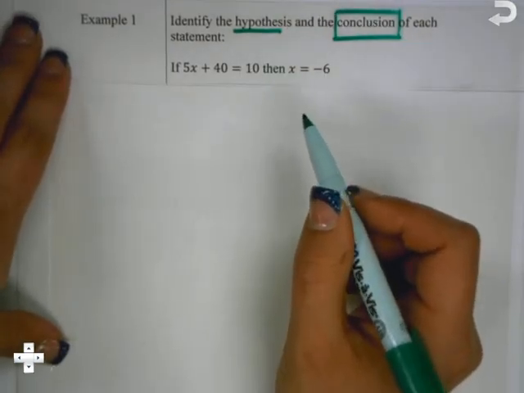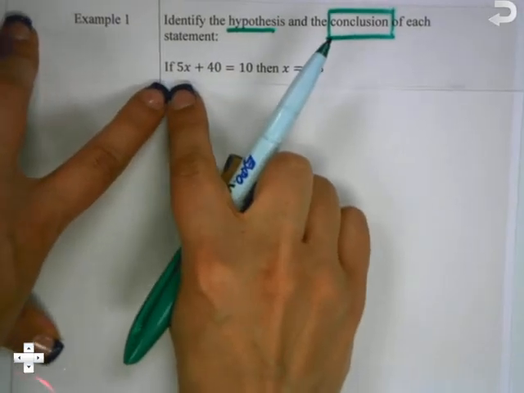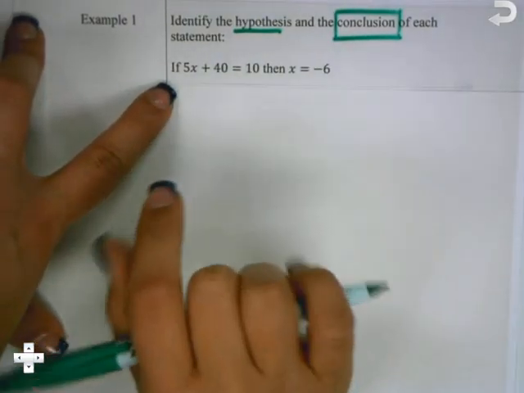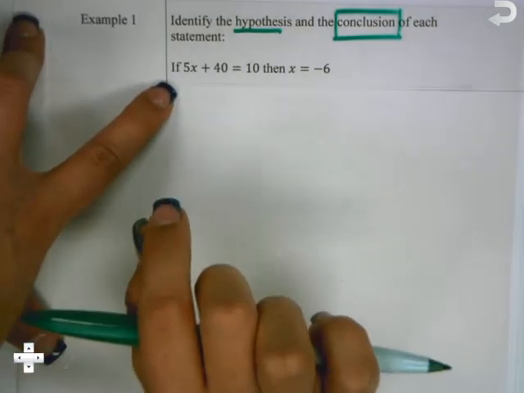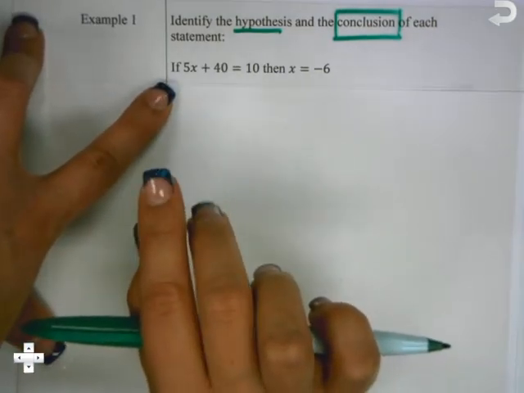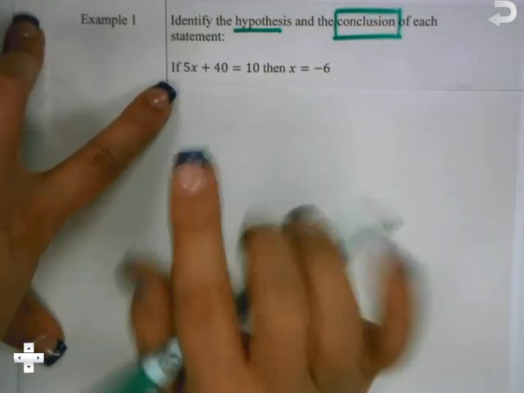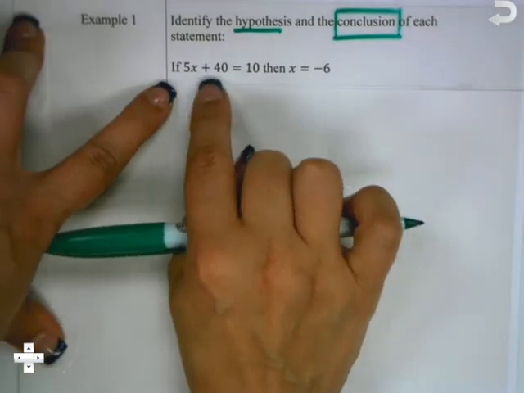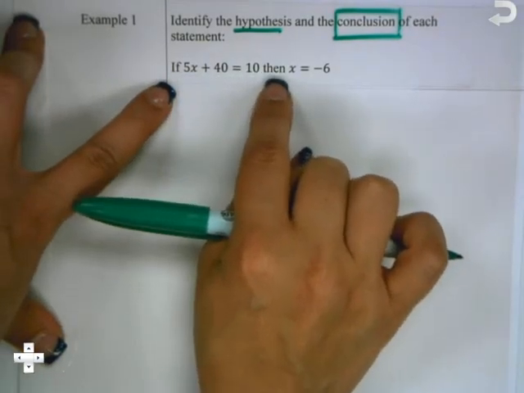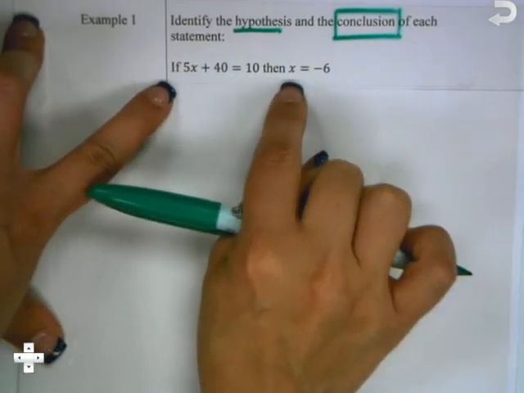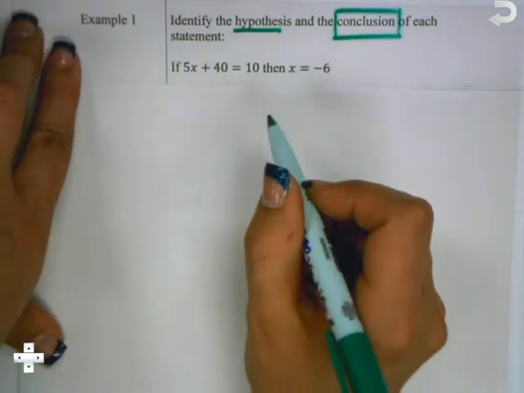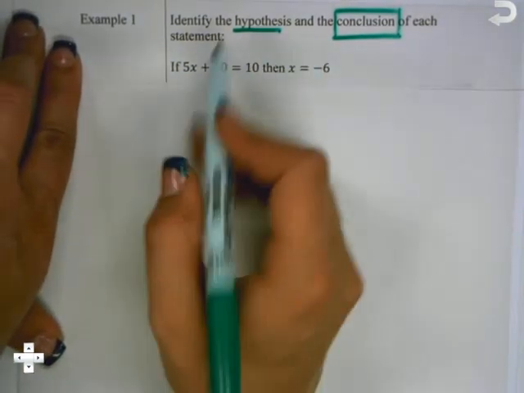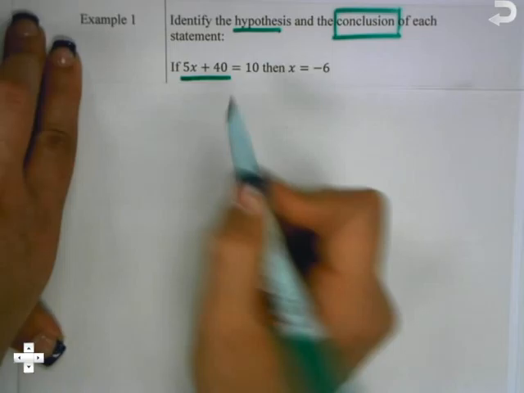So here's the first statement. I'm not asking you if it's true or false. I'm just asking what is the hypothesis and what is the conclusion. So if 5x plus 40 equals 10, then x equals negative 6. The hypothesis is the if part, so what's the hypothesis? 5x plus 40 equals 10.